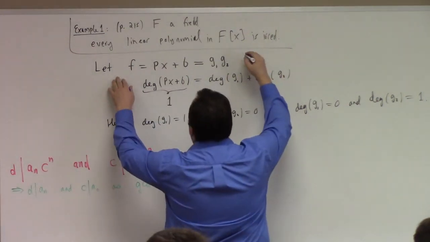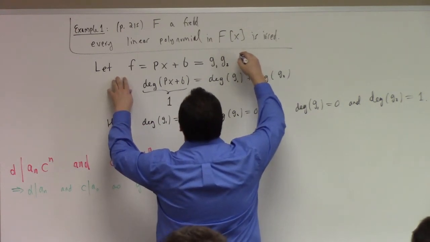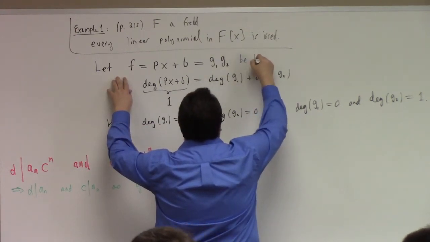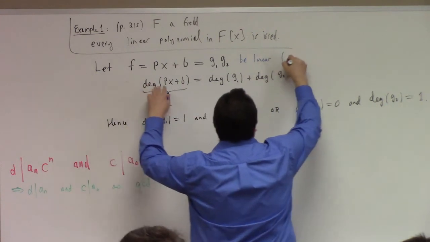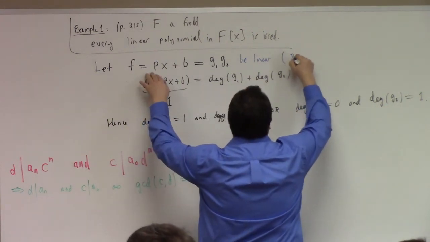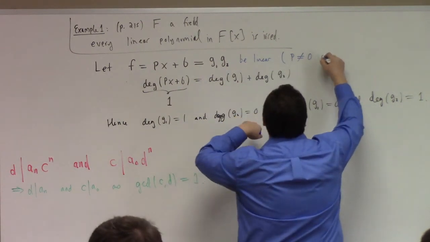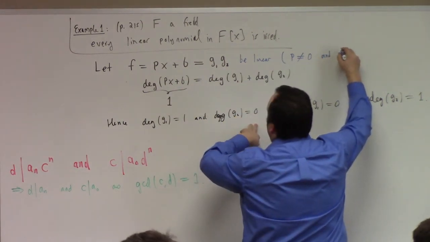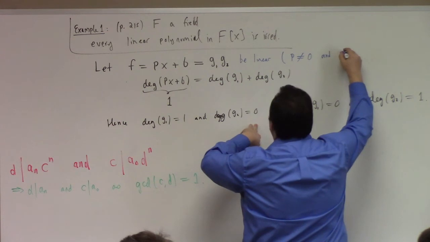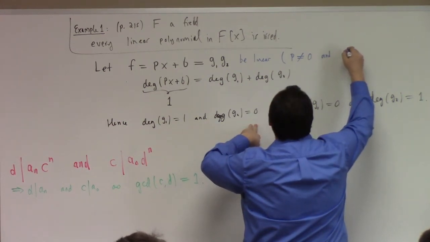Let f be linear. What does that mean? In this context it means that p is not equal to 0, right? And p and b are in F, right?